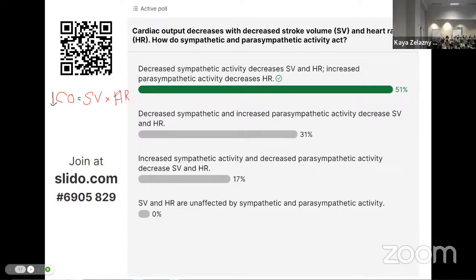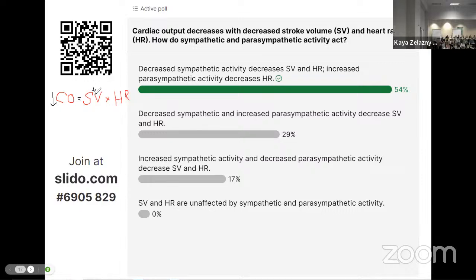We have ways that we can affect each of these. Before we think about the directions, we're going to think about stroke volume in terms of our nerves specifically, because we're just thinking about sympathetics and parasympathetics in this question. So we don't have to add in the end diastolic volume stuff.